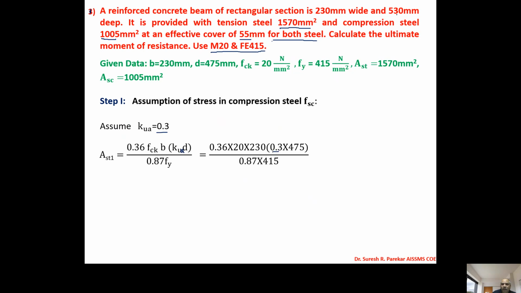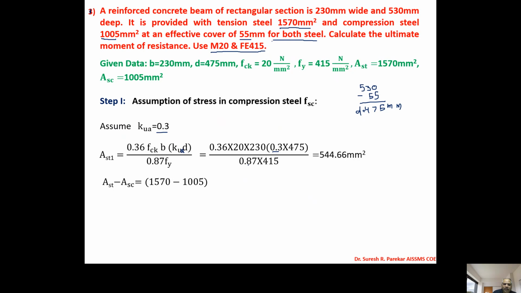Now we have 530 with cover 55. So 530 minus 55, and from this we will get 475 mm, which will be the value of D. And then from that we will get AST1 544.66 mm square.